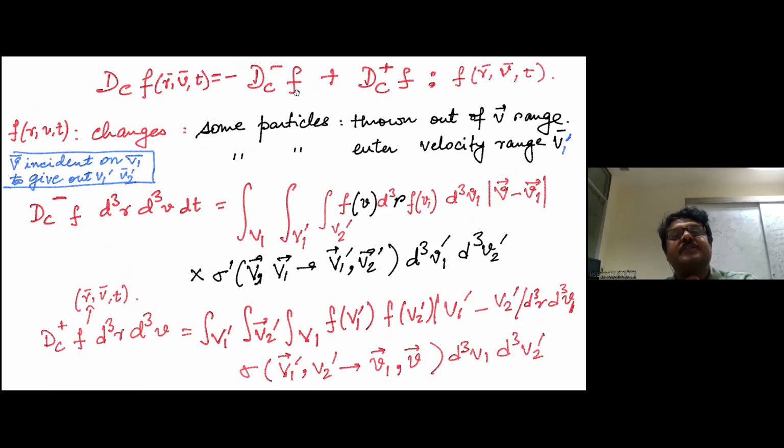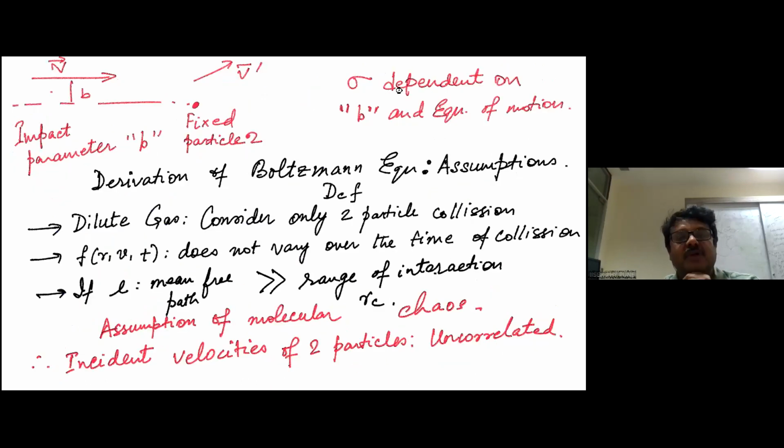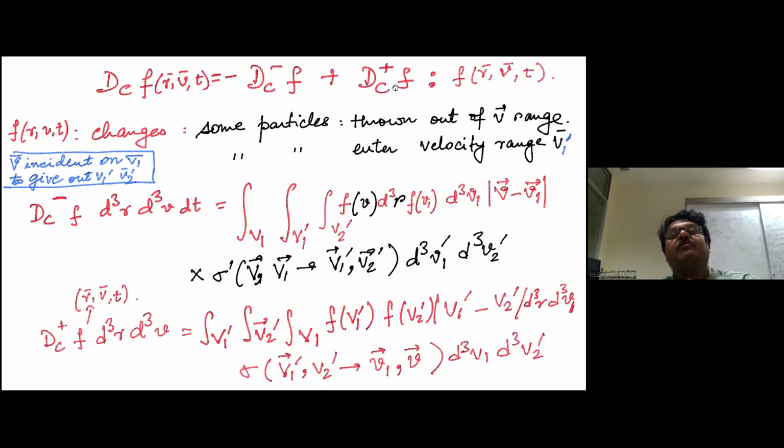So this is due to collisions, f of v1 is decreasing, minus sign, and this dc plus is due to collisions, the value of f1 at r at t is going to change. So for every value v1, v2, you are going to have a negative term, so that particles which are moving with velocity v2 are going off and taking some other velocity, a consequence of which f of v2 at r is going to decrease.